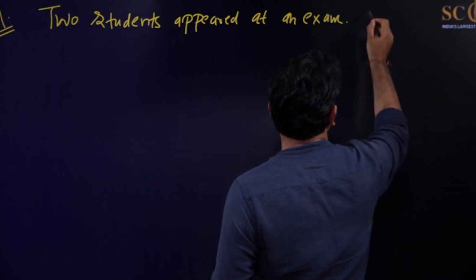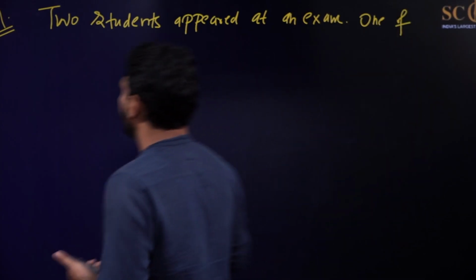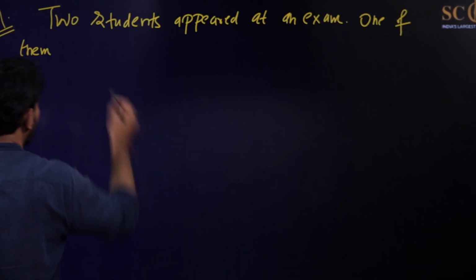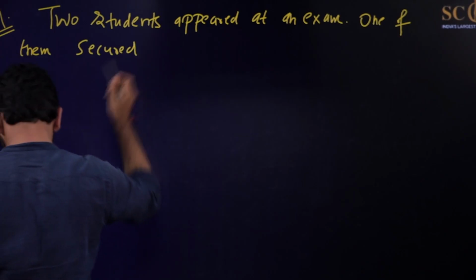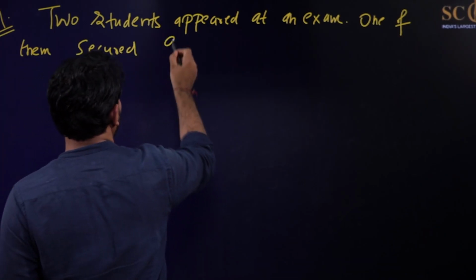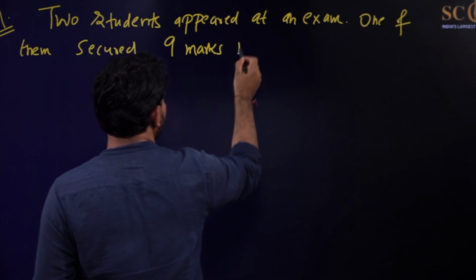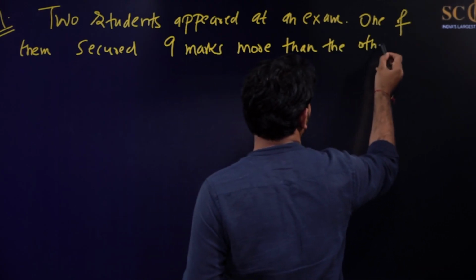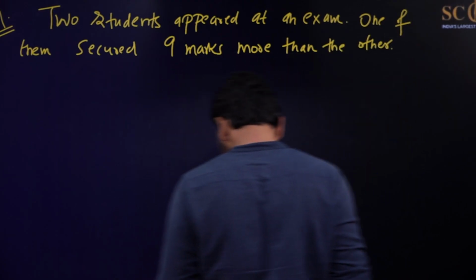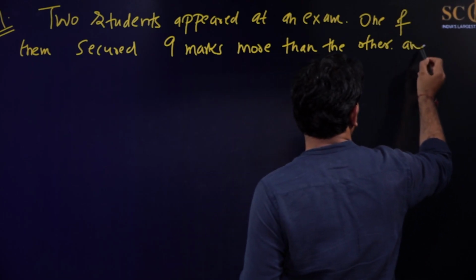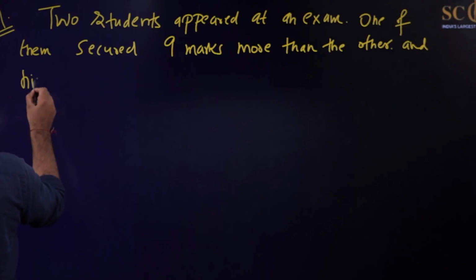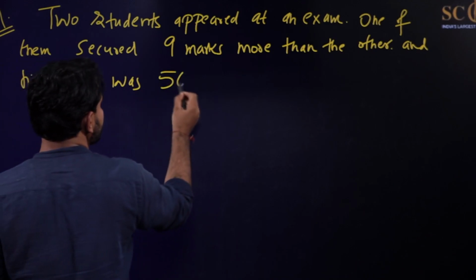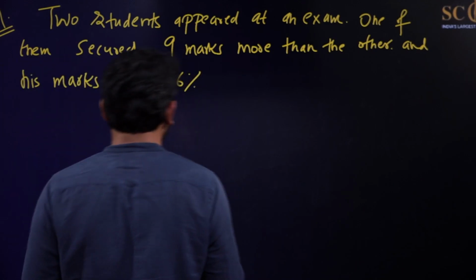One of them secured 9 marks more than the other, and his marks were 56% of the sum of their marks.